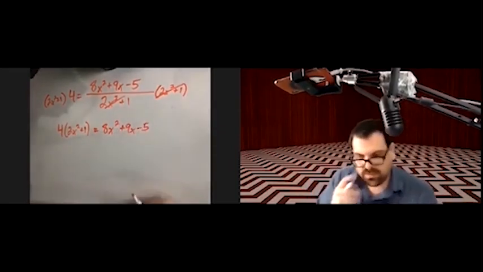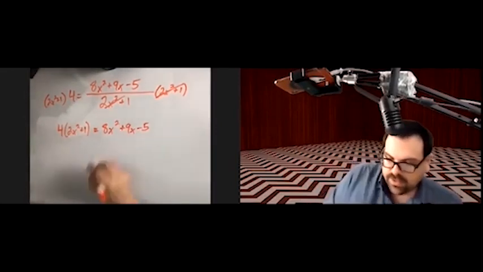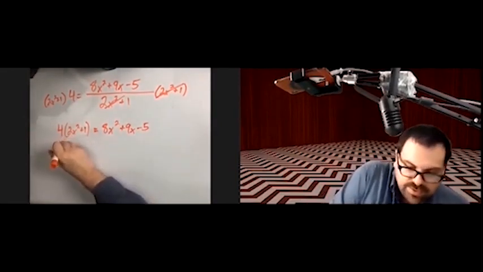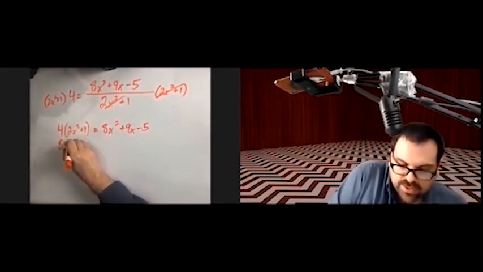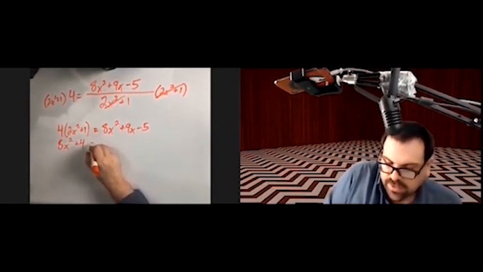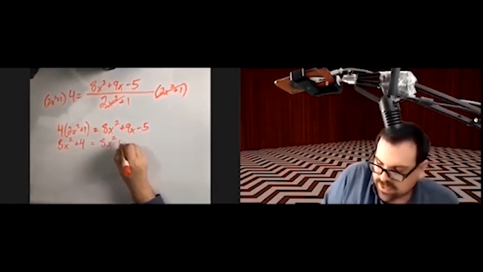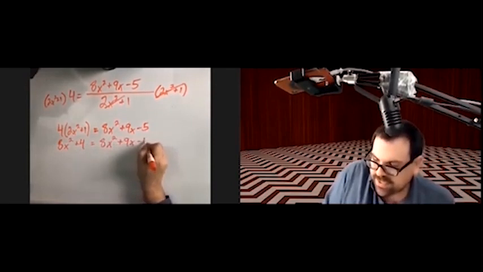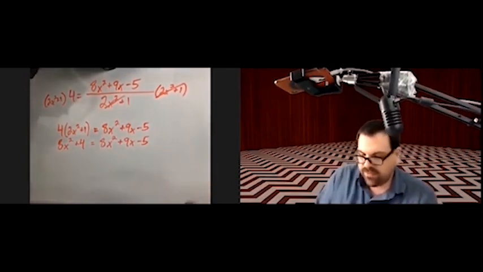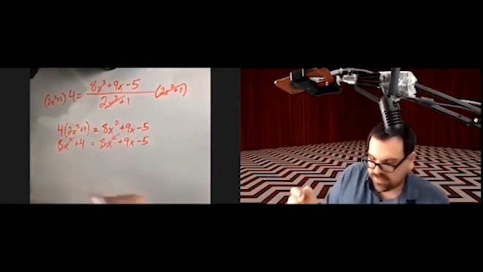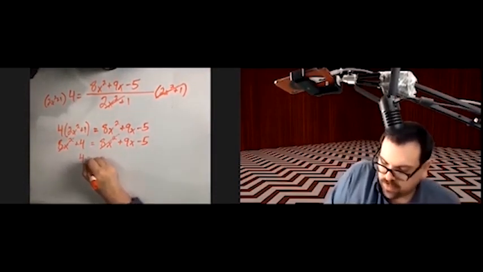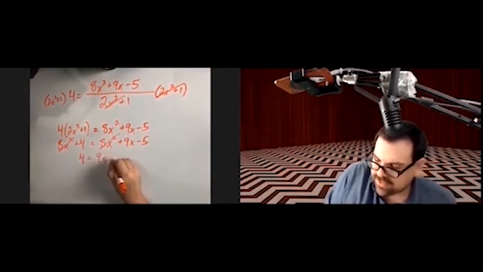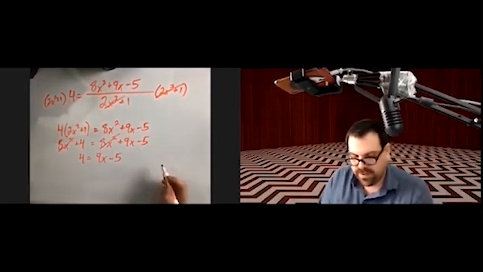And here we go. Time to start solving. Clear parentheses by distribution. 8x squared plus 4 equals 8x squared plus 9x minus 5. If we subtract the 8x squared from both sides, we're just left with 4 equals 9x minus 5.